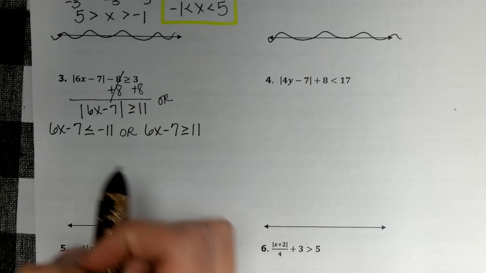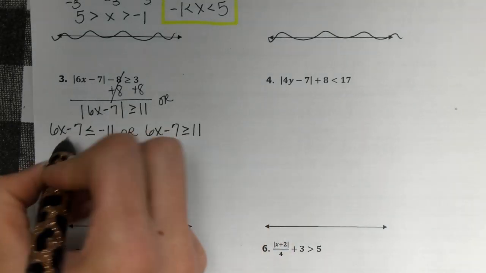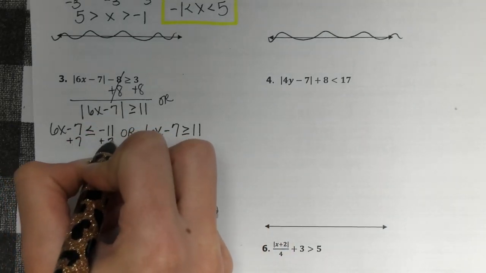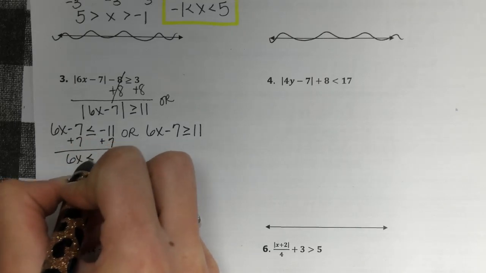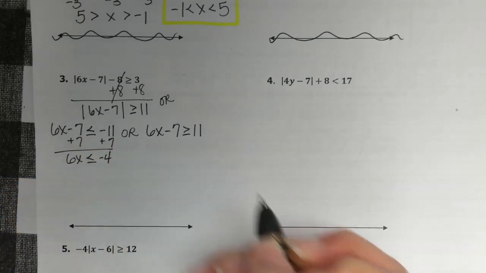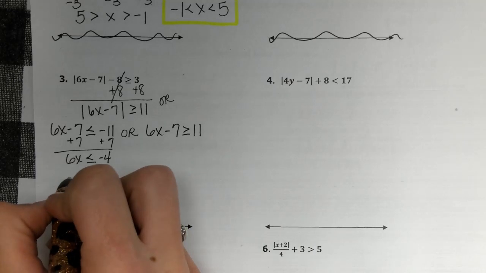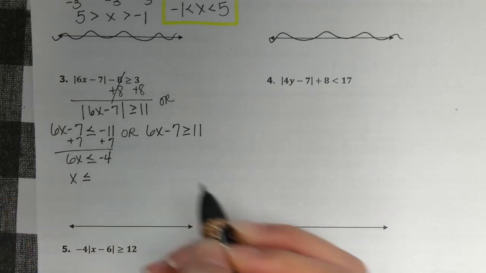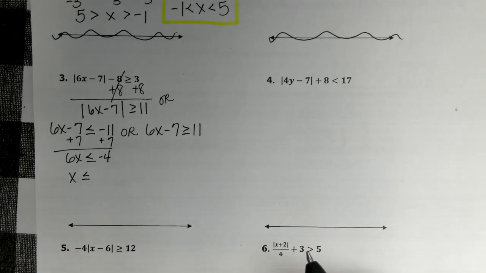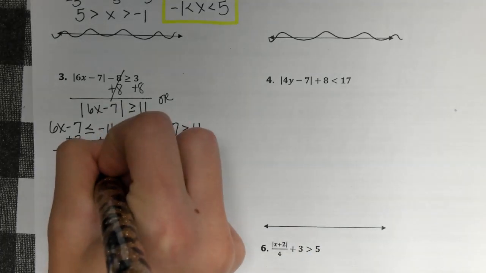And now I solve them. Remember, an or is solved separately. So I'm going to add my 7. 6x is less than or equal to negative 4. Divide by 6, and x is less than or equal to negative 4 over 6, which simplifies to negative 2/3.